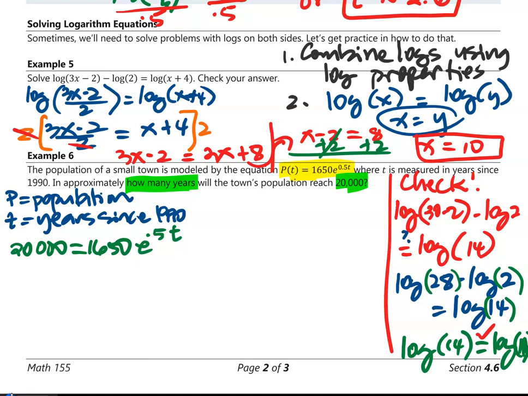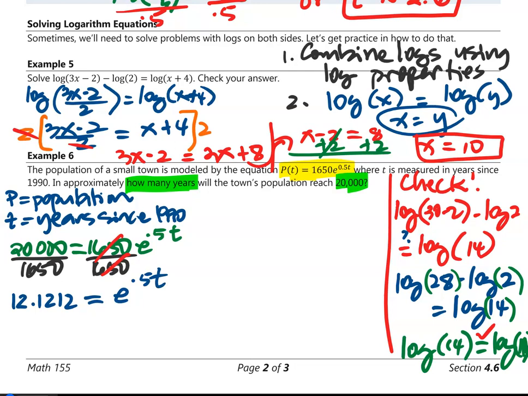Now we can isolate t. So remember, we need to isolate the exponent. So first we need to divide both sides by 1650. And that is 20,000 divided by 1650, which is about 12.1212, is equal to e to the power of 0.5 t.